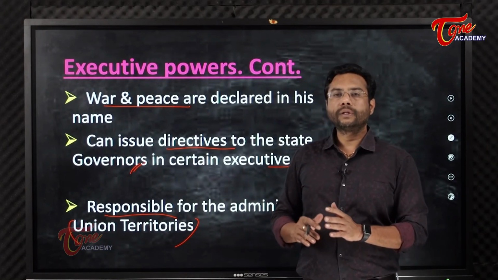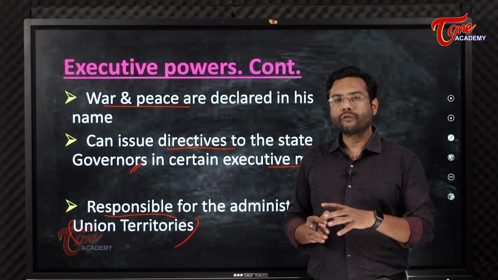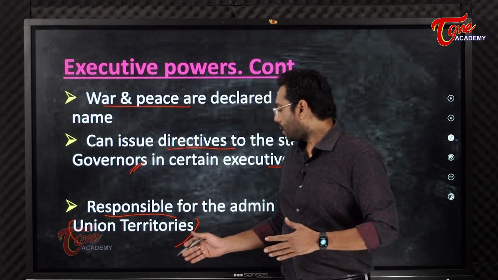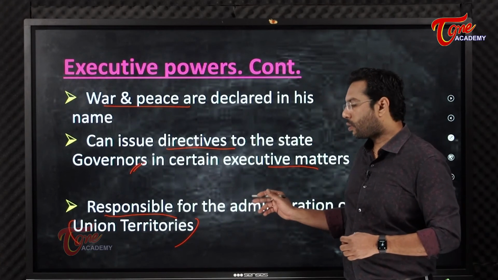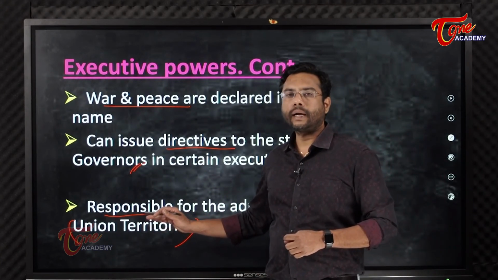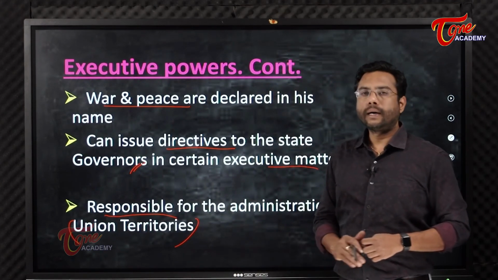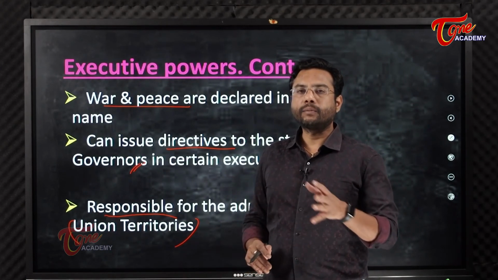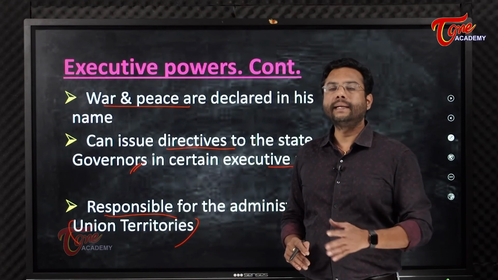In the name of the President, whatever directives are there by the Council of Ministers or by the cabinet headed by the Prime Minister would be administered by the government. That is also administered in the name of the President. So the President directly administers the union territories through lieutenant governors, because we do not have a directly elected body in all the union territories except Delhi and Puducherry.